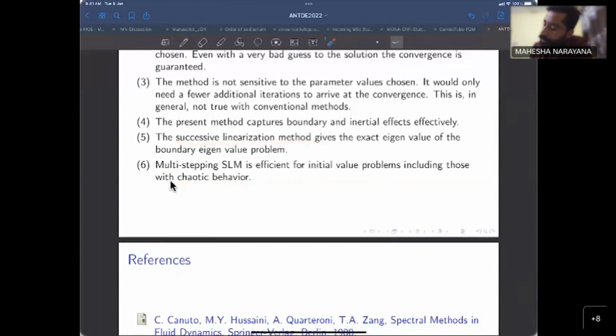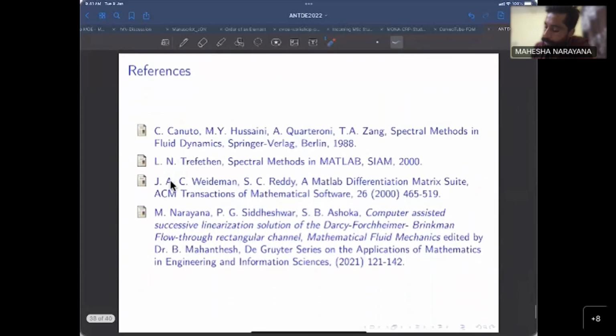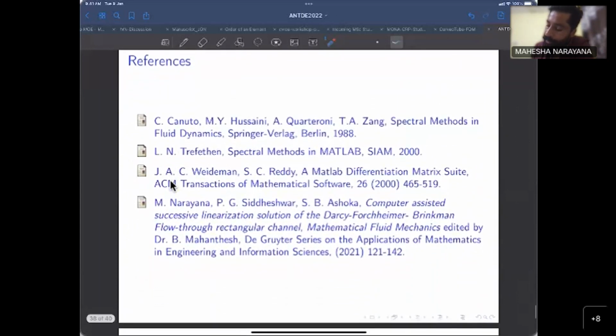And these are some of the references you can refer to. So this is the textbook that I was talking about. It has many inbuilt, predefined M files, like that cheb.m that I showed earlier. So I took it from this textbook, okay? And Canuto et al. is the other book.